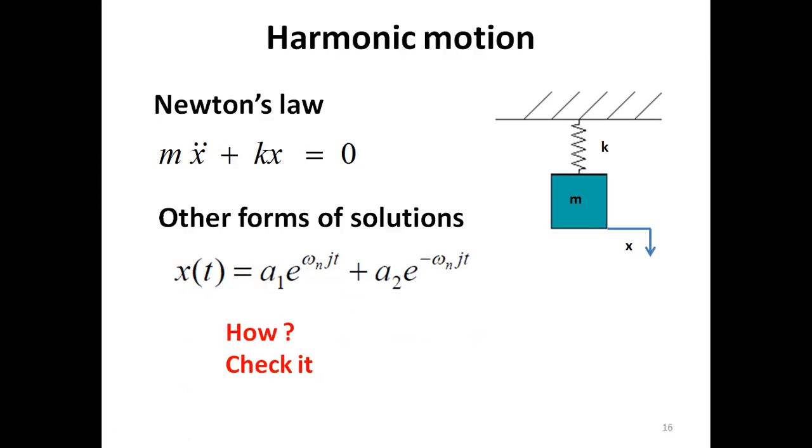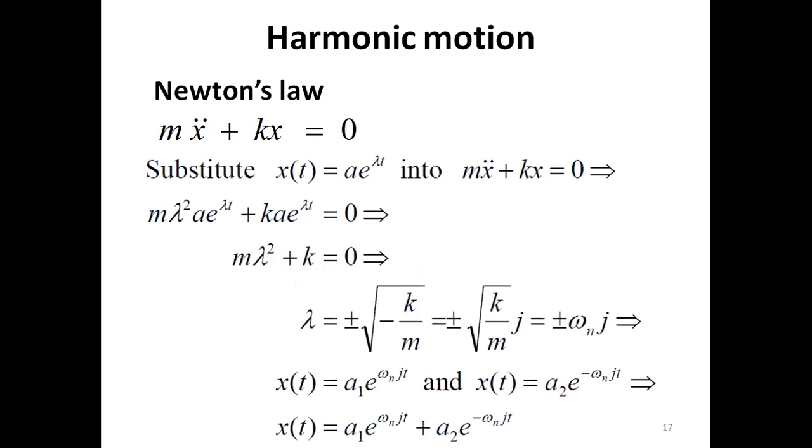So actually this is the response in complex numbers. So x of t is equal to A1 exponential j omega n t plus A2 exponential minus j omega n t. So how is this the response?